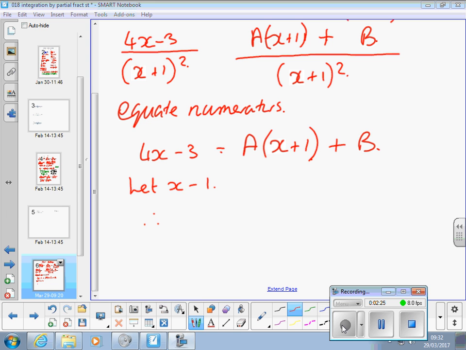Therefore, 4 times -1 minus 3 is equal to B. 4 times -1 is -4. So B is equal to -7. That's what I had, wasn't it? Yeah.